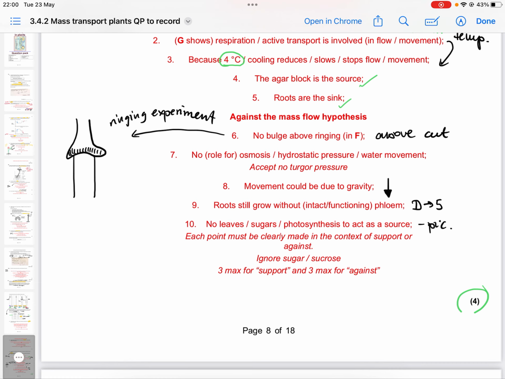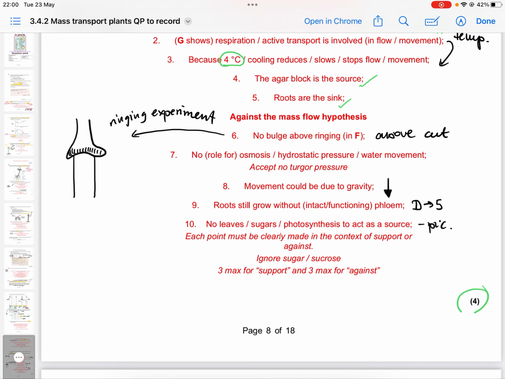Also, what we could say, if the substance X was moving downwards towards the roots, and that was meant to promote the growth of the roots, that could happen obviously due to gravity, down. Roots still grow without the ring, as we can see in practical D. In D, there was still growth of the roots.